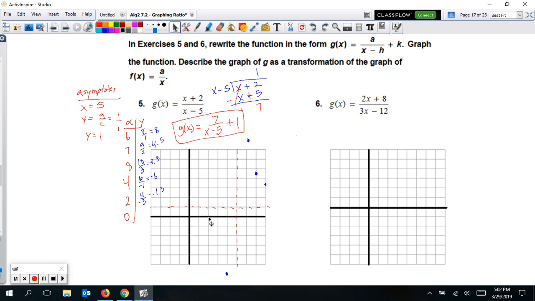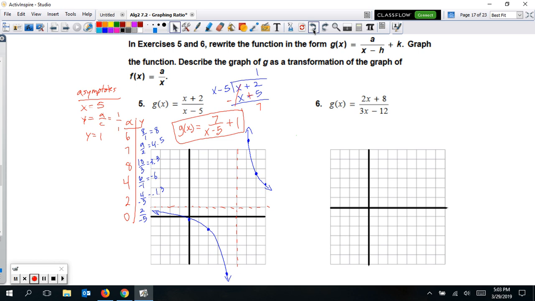So when I come to 2, I'm going to go down negative 1 and then just a little bit under that. And I'll be putting it there. When I plug in 0, 0 plus 2, 0 minus 5, it's going to be just 2 over negative 5. And so when I go to 0, I'm going to go down just a little bit, not too far. So kind of estimate right in there and put a point. Now you just got to draw your branches. So go ahead and draw the branches like we've done before.